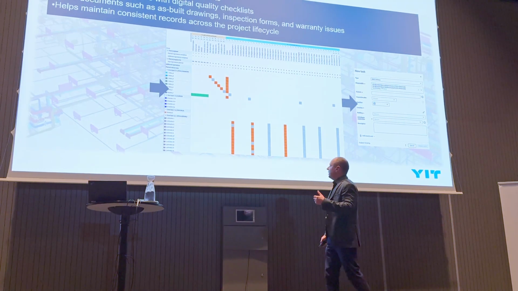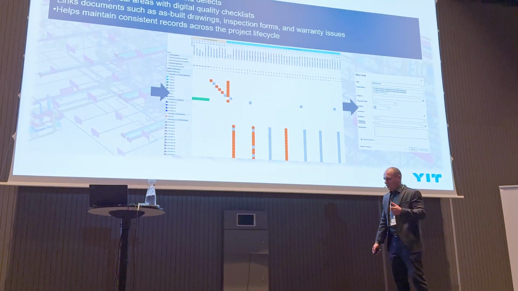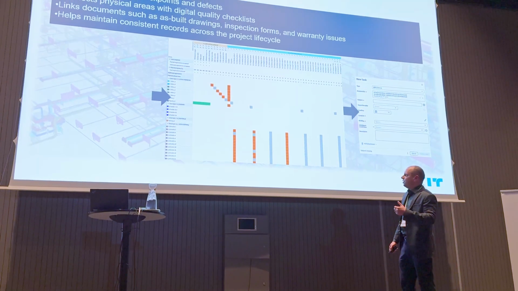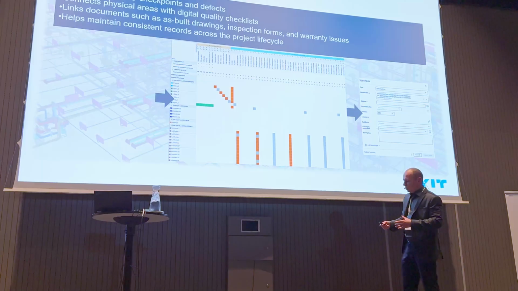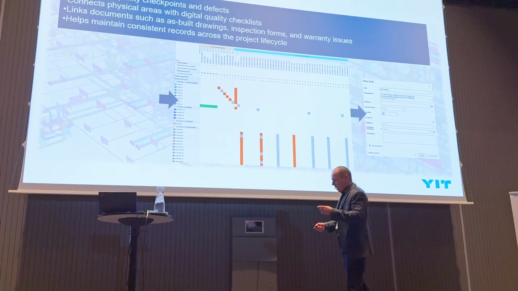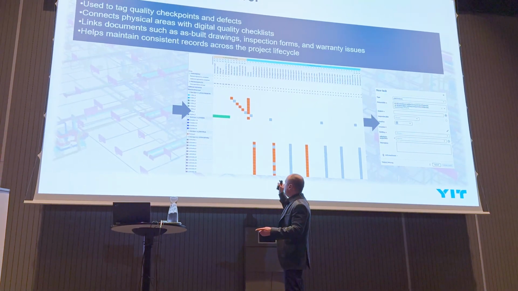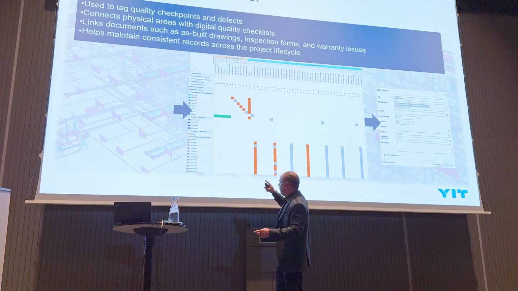then what happens? Under this QR code you can see the location, the zone which is linked to it, and under this zone are only those quality control cards which are related to this zone.